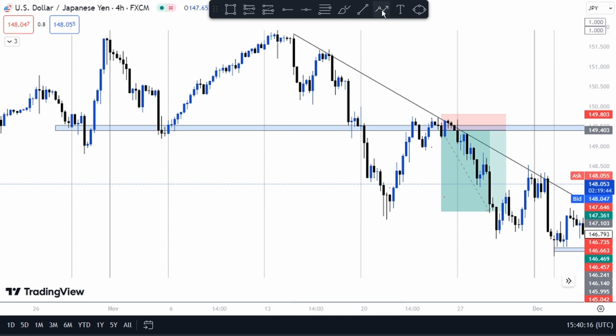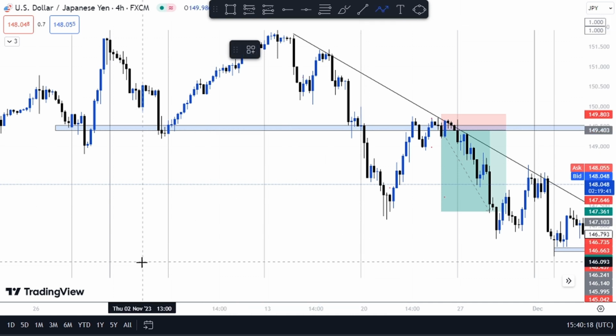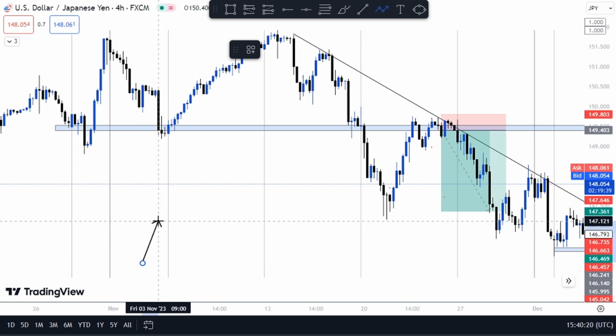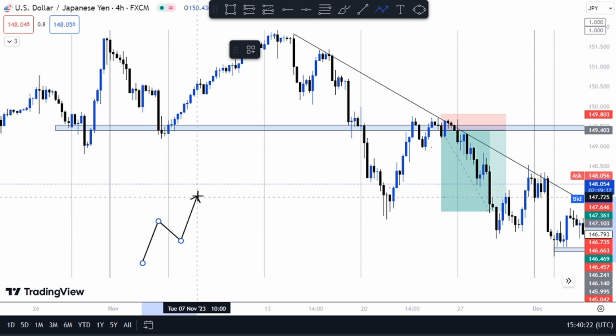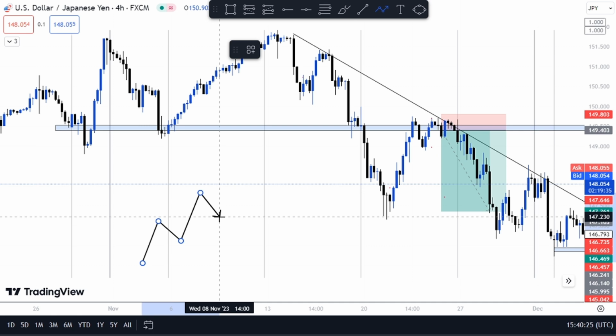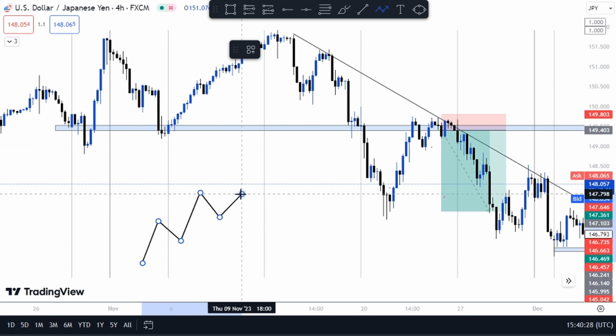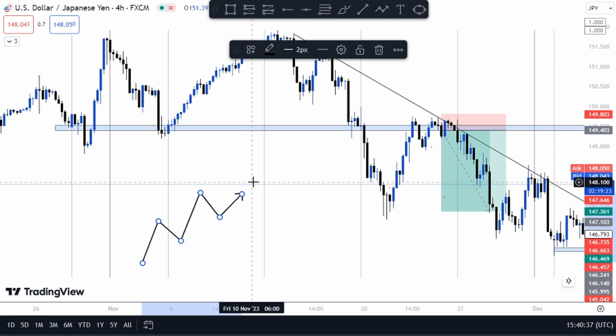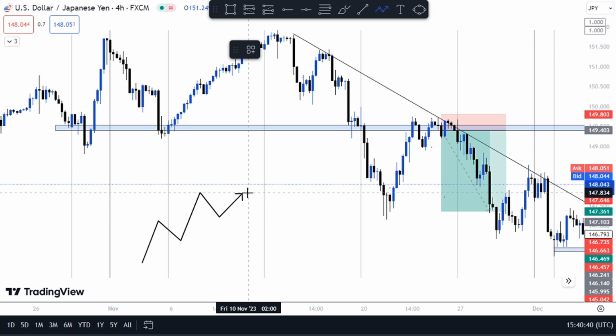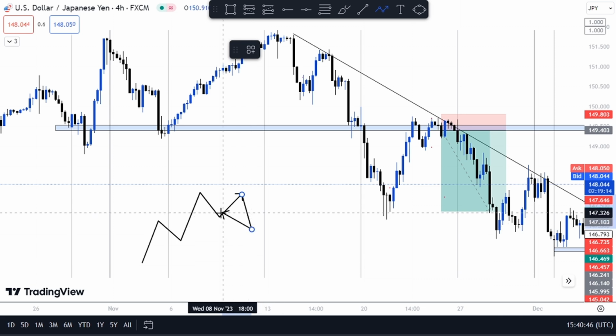So assuming we have a market that is coming from the downside like this, and you spot a reversal pattern. A reversal pattern could be a double top or head and shoulder. Let's say we are spotting a double top pattern like this, then all of a sudden we broke the neckline, which is this neckline.